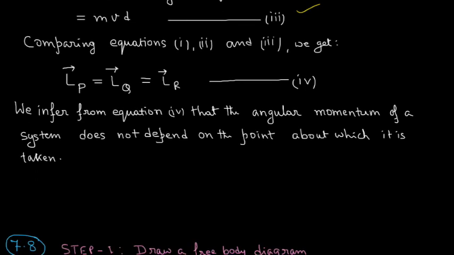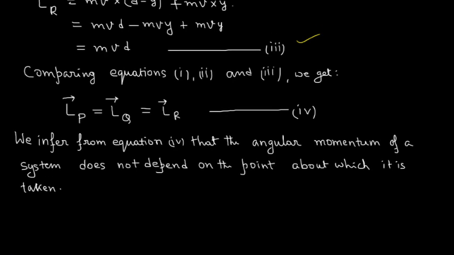Comparing equations 1, 2 and 3, we get angular momentum at point P, which is LP, angular momentum at point Q, which is LQ, and angular momentum at point R, which is LR. All are equal. Therefore, LP is equal to LQ is equal to LR.